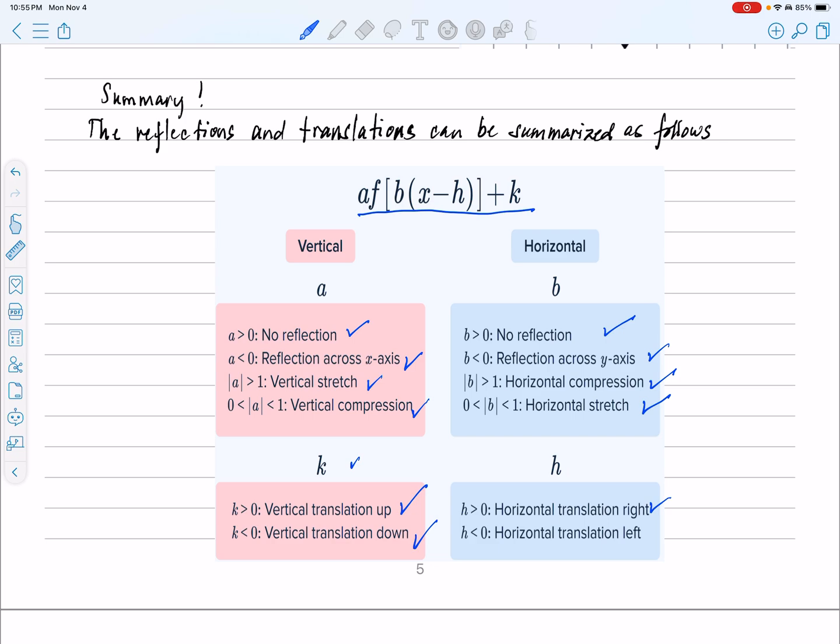When H is less than 0, horizontal translation to the left. We're going to go over this and have more work on the problems and solutions about translations, reflection, vertical and horizontal translation, vertical and horizontal stretch, and compression.